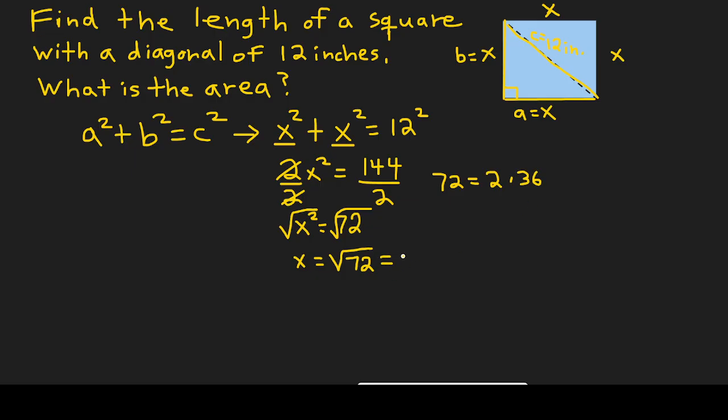So we have the square root of 2 times 36, and that's going to equal the square root of 2 times the square root of 36.